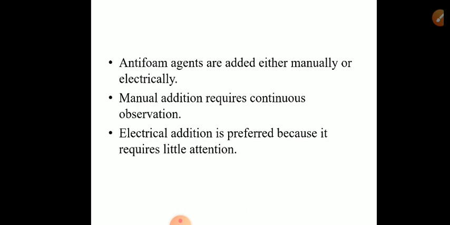Now, crude antifoam agents are toxic, and hence they have to be added in a definite limited amount, whatever amount is required. They cannot be added in excess because they are toxic. But because crude antifoam agents are cheaper, they are used for large scale production. So excessive addition needs to be checked because they are toxic.